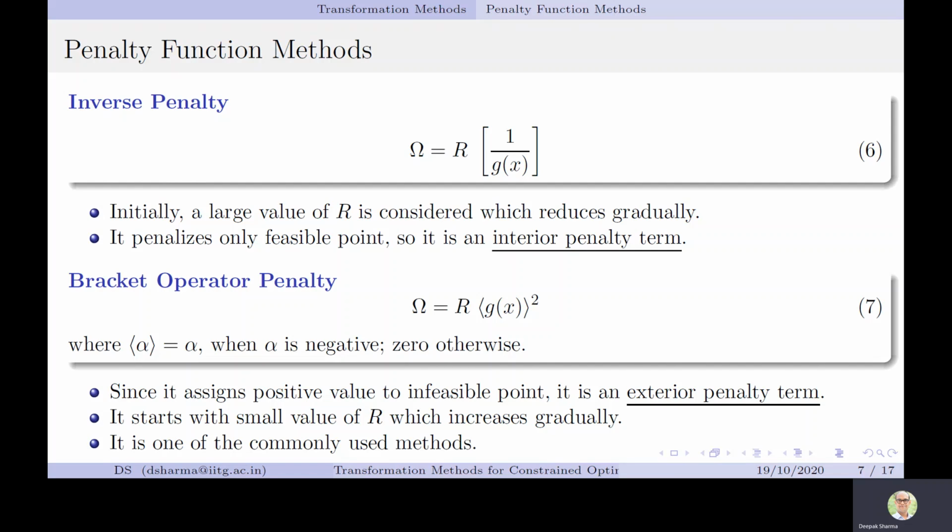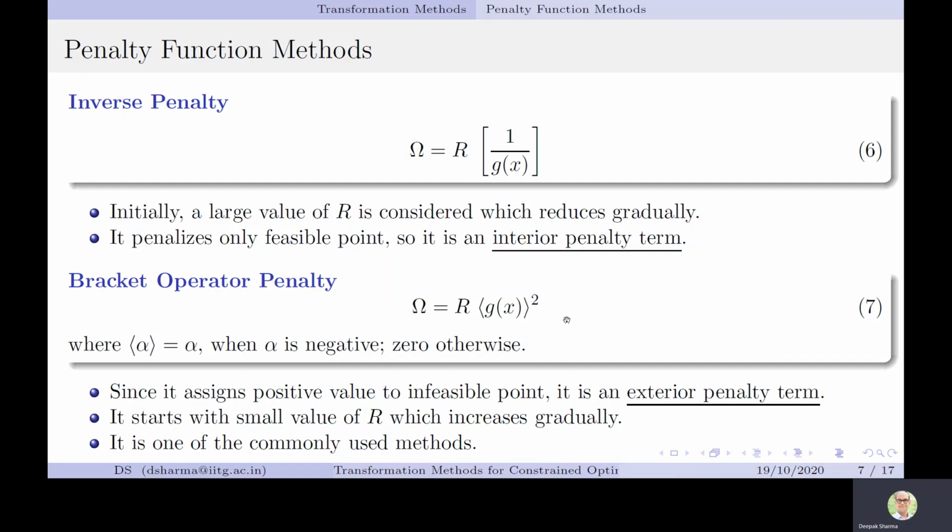So in this case, what we realize is that for a feasible point, the omega is going to be 0, but for an infeasible point, we are adding the penalty. As you can see, we have made a square of this bracket. So this means that we are adding a penalty to the objective function when the point is infeasible.